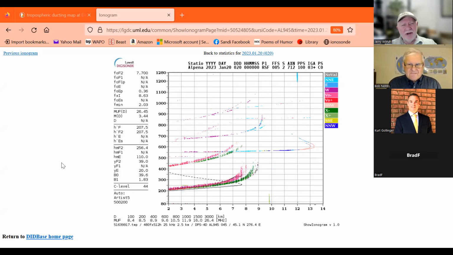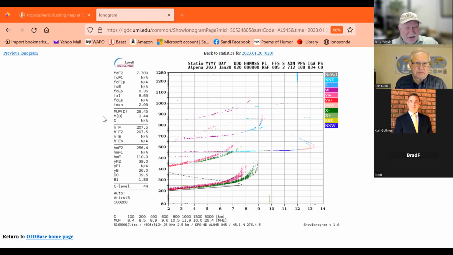There are a number of radio stations all over the world which shoot radio signals straight up and see what bounces and reflects. I've got this reading. Every 7 minutes it does this measurement, and for this time of day, it shows the maximum usable frequency of 26.4 megahertz.